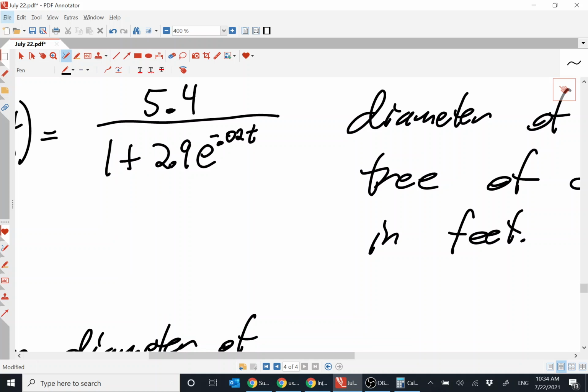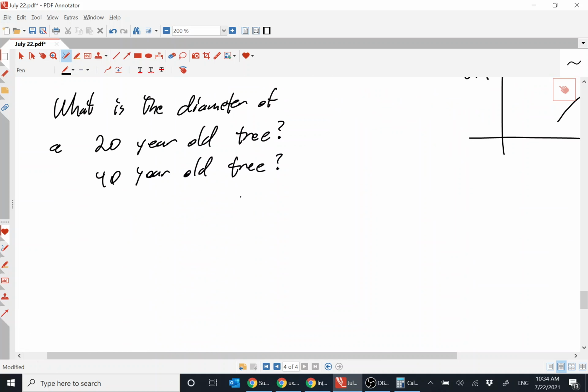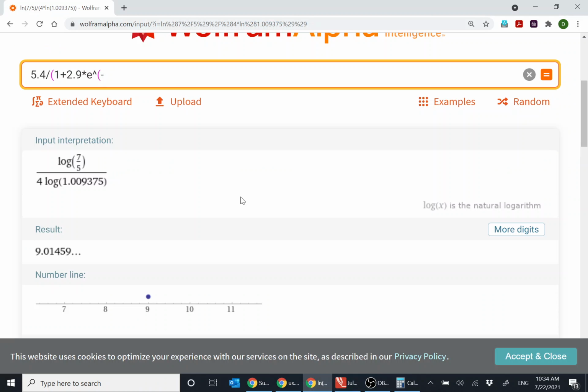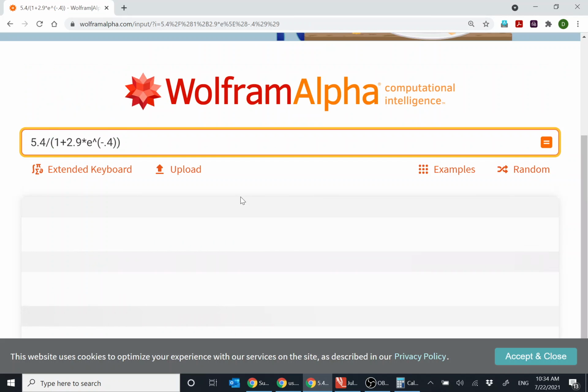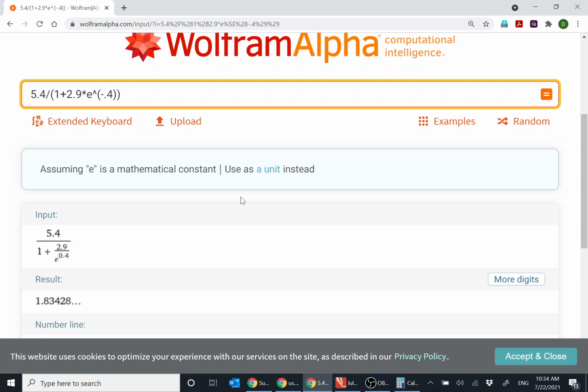So 20 times 0.02 is 0.4. What happened here? 2.9 times... Oh, right, because it's got the negative exponent there. That's why I did that. So the result is 1.834 feet.